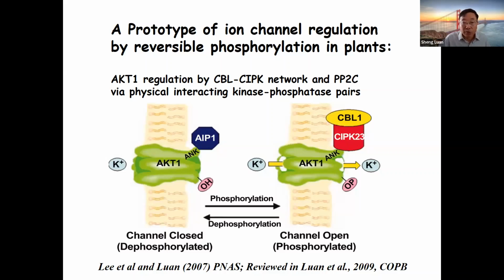Then dephosphorylation sets the system back and forms this signaling cycle in response to potassium status in the soil. All this nutrient status control of homeostasis is a big area we call nutrient sensing.